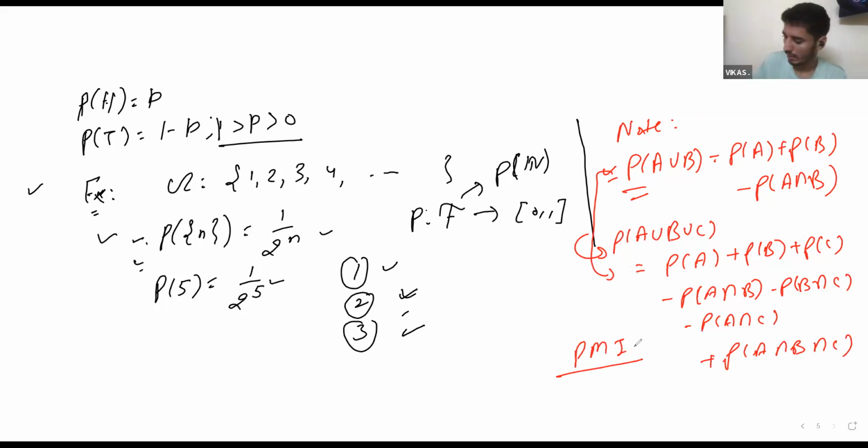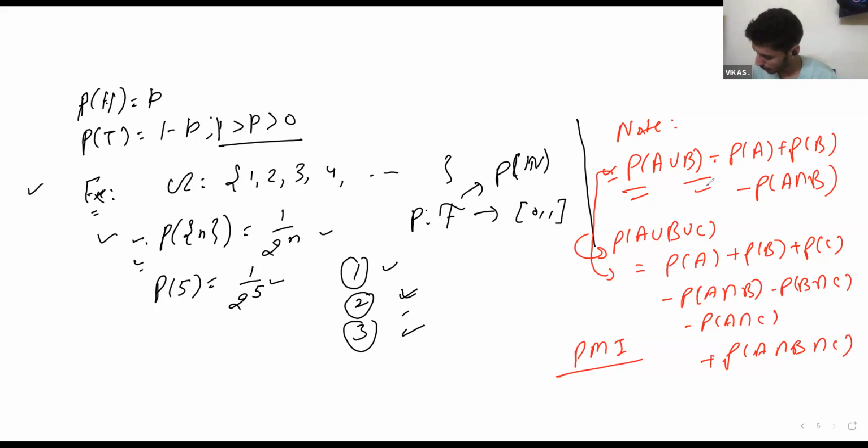I feel that you know what PMI is. In graduation or in masters we have done these kinds of inequalities. These are known as inclusion-exclusion principles. If you feel any doubt, you're free to contact me.